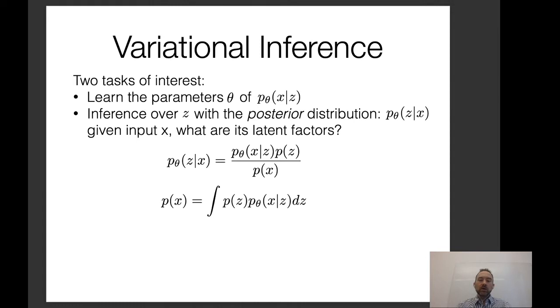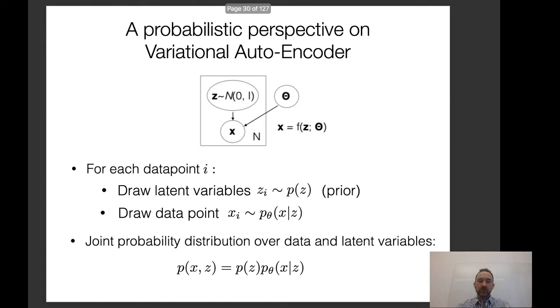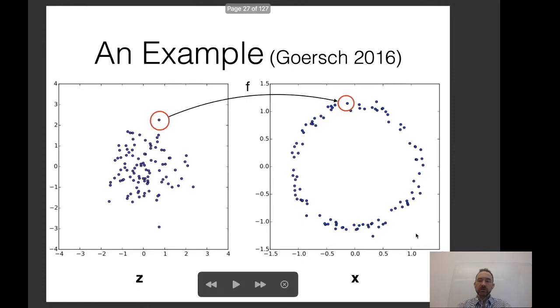One issue with this sampling, however, is if we go back to our previous example here, let's say this point corresponds to this point over here. However, if we just randomly sample according to the Gaussian distribution, we would be very unlikely, or essentially infinitely unlikely, to get this point.